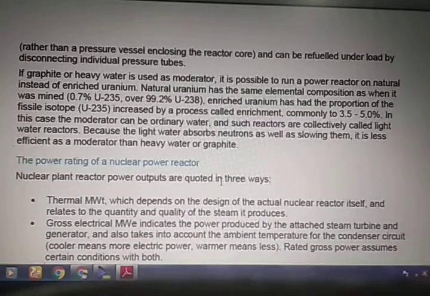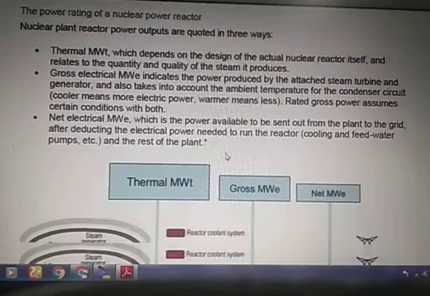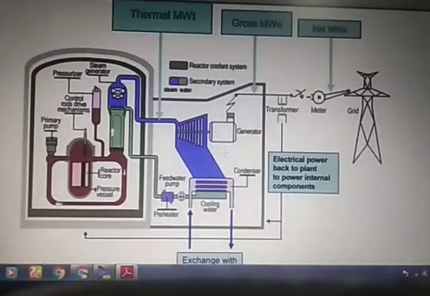The power rating of a nuclear reactor. The power rating of a nuclear reactor is taken in 3 ways. The first one, which is much more important in this case, is thermal MWT, which depends on the design of the actual nuclear reactor itself and relates to the quality and quantity of steam it produces. Just watch this diagram.